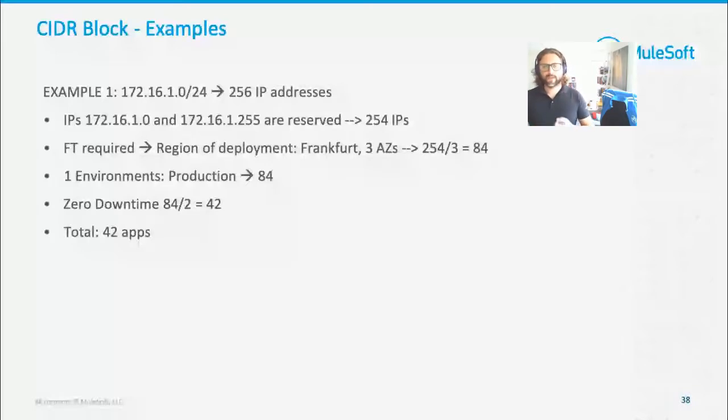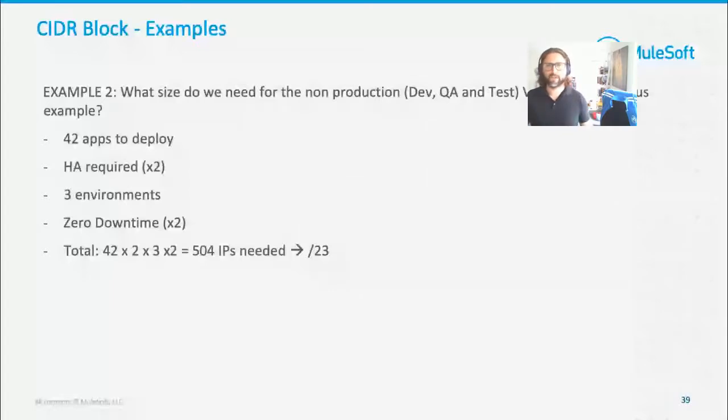Another example, let's take from the previous example, these 42 applications, and let's try to estimate the size of the VPC for the non-production environments. Okay, so in this case, we have 42 applications to deploy, which means 42 workers, which means 42 IPs. Let's say that for non-production environments, I won't be providing fault tolerance for the availability zones. What I will be doing for my test and for my dev is to provide 2 workers per application, which means that I will need 84 IPs for now.